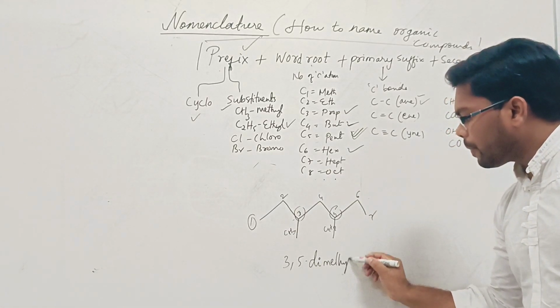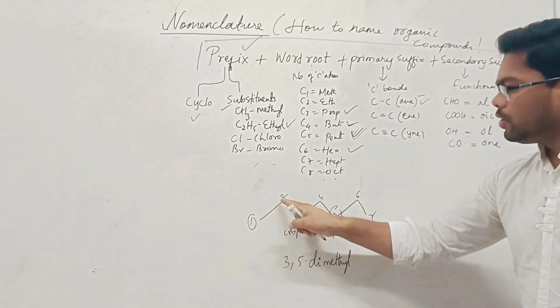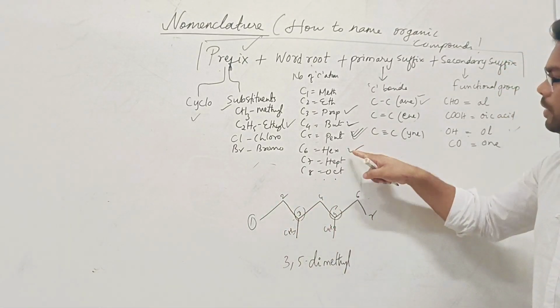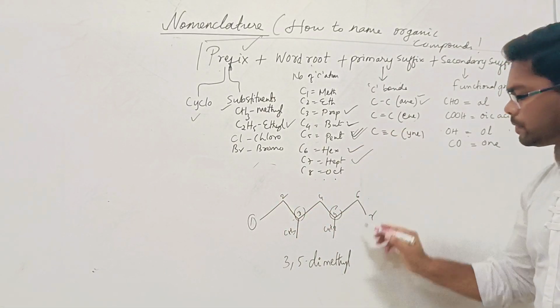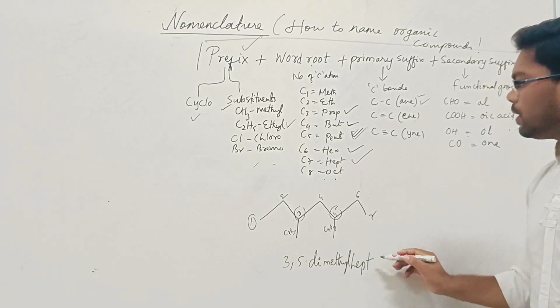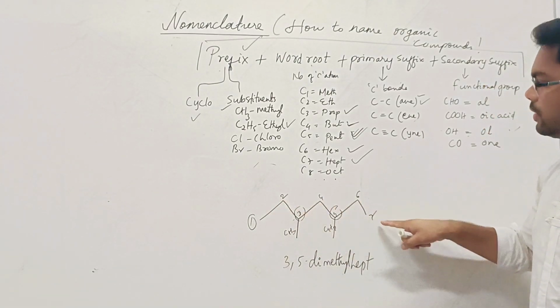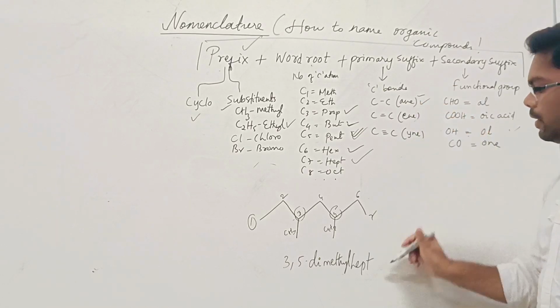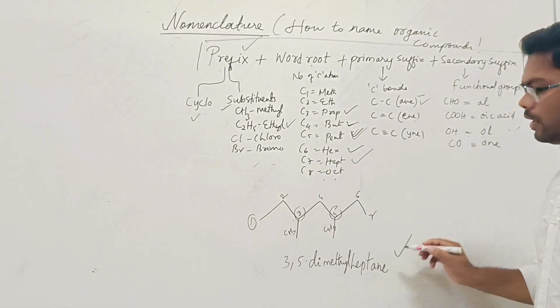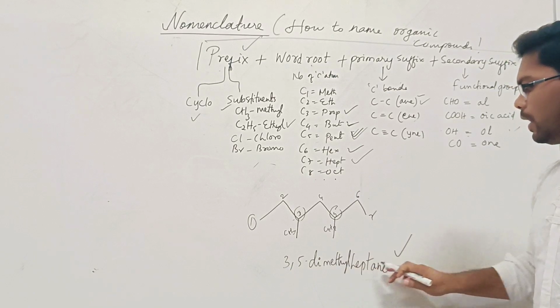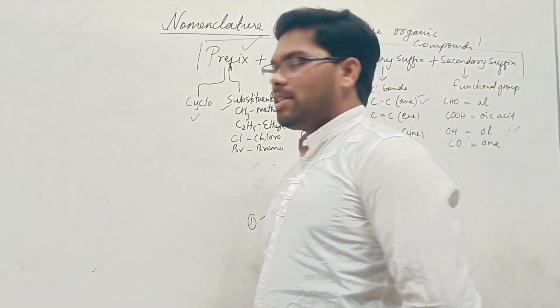Dimethyl. Total number of carbon atoms 1, 2, 3, 4, 5, 6, 7. 7 means hept. And how are these carbon atoms bonded? Do you find any double bond here? No. Single bond, so ane. 3,5-dimethylheptane. So easy, right?